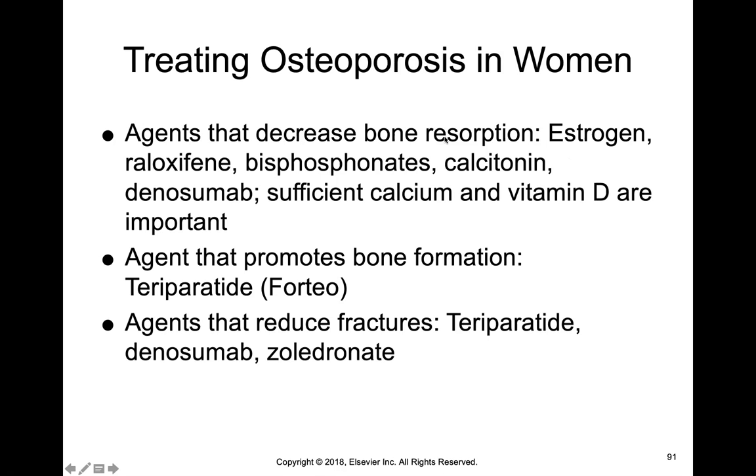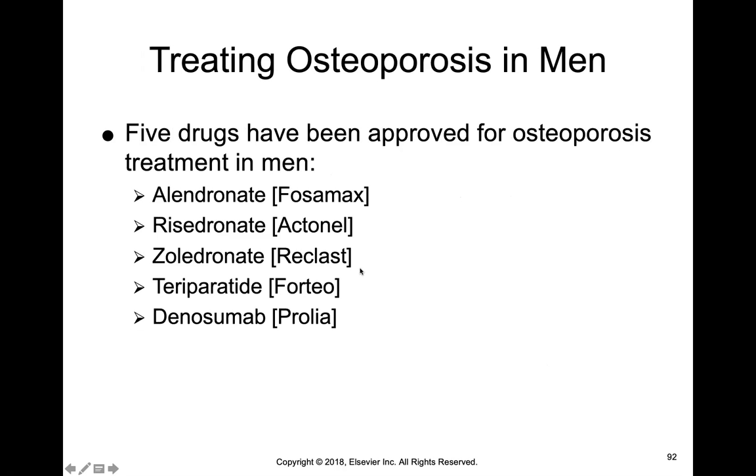Just remember the contraindications to that. And then the bisphosphonates. Again, the only agent that promotes bone formation would be teriparatide. And then these other agents reduce fractures. And then, again, for men, you can use any of the bisphosphonates along with denosumab.